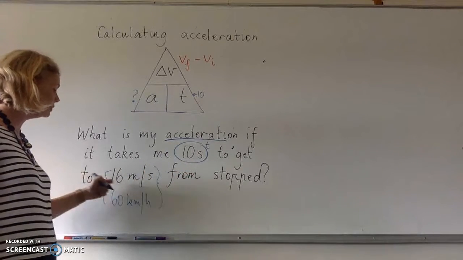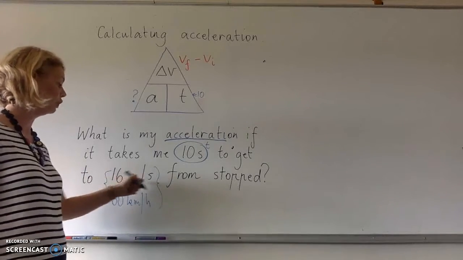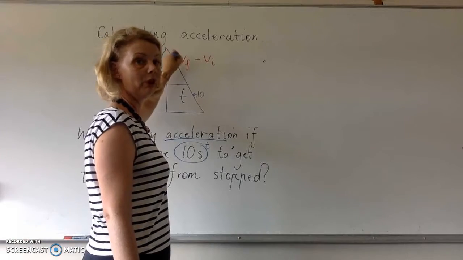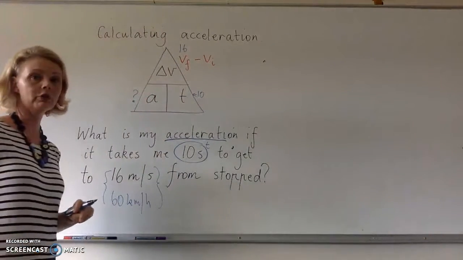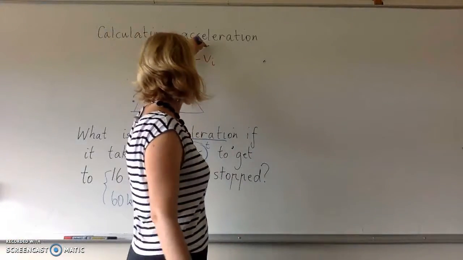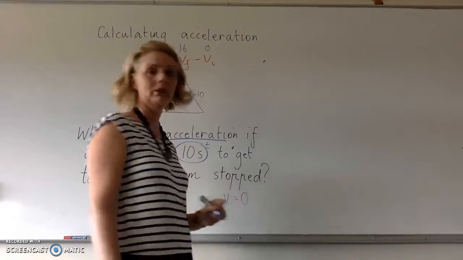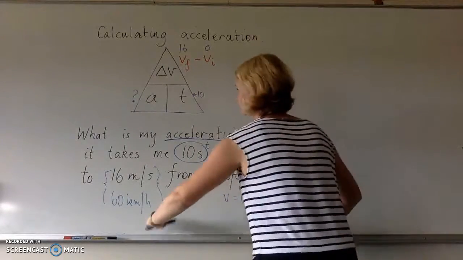So getting to 16 metres per second, that's getting to that velocity, that speed. That is my VF. My final velocity is 16. And my initial velocity, I was stopped. So my initial velocity was 0. Because when I'm stopped, my velocity or my speed is 0. I'm not moving anywhere. Let's go over here and do the calculation.